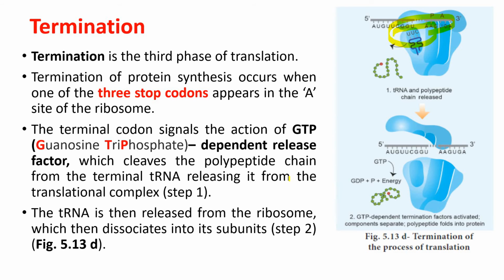The terminal codon signals the action of GTP dependent releasing factor, which cleaves the polypeptide chain from the terminal tRNA, releasing it from the translational complex. The tRNA is then released from the ribosome, which then dissociate into its subunit.